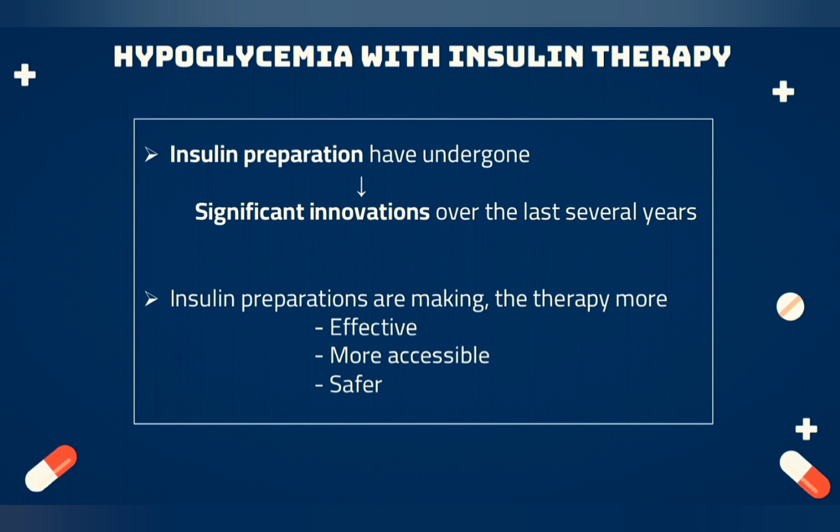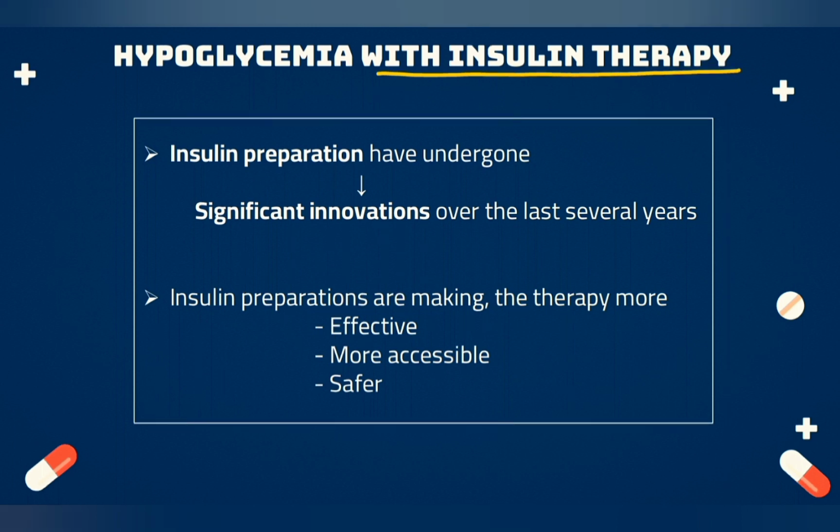Now let's discuss hypoglycemia with insulin therapy. Insulin preparations and availability have undergone significant innovations over the last several years, and the insulin preparations available nowadays are very effective, very accessible, and very safe.